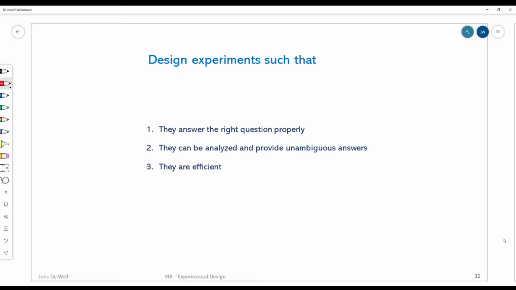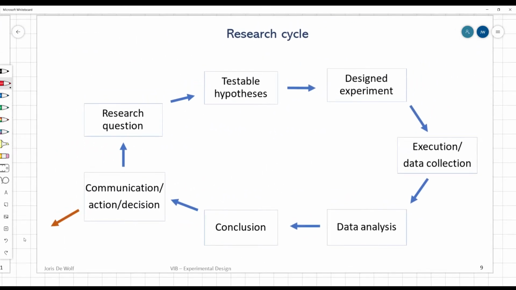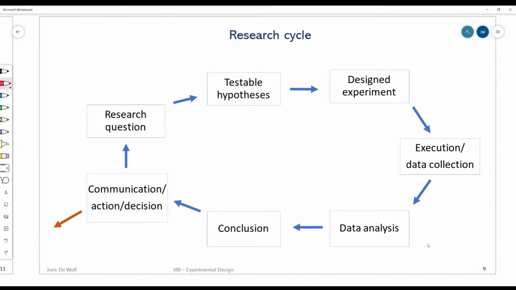Now, for the first point, answer the right question properly, we, among others, brought up this slide where we explained about the research cycle. And obviously, the course is about design of experiments, so this part.